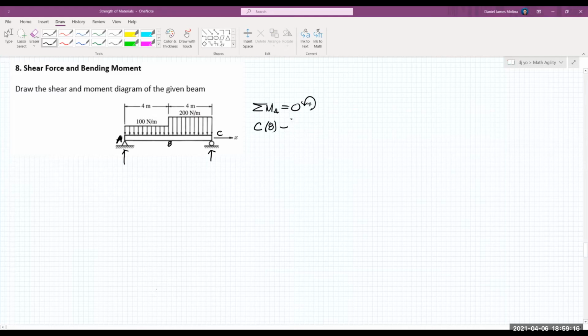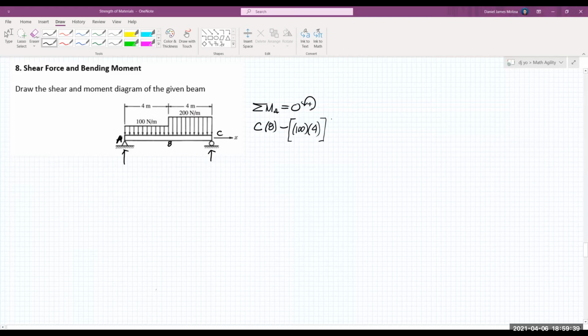For the total load of the 100 newton per meter distributed load, let's simply take the area. So we have 100 times 4. That's the area of the rectangle shown from the load diagram, and this is the resultant force for the 100 newton per meter load.